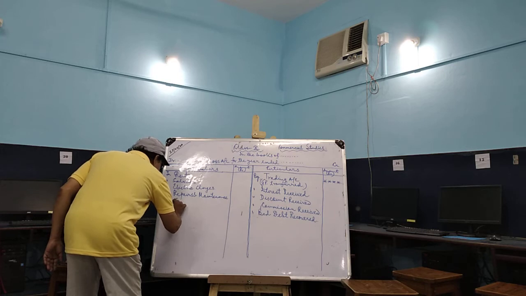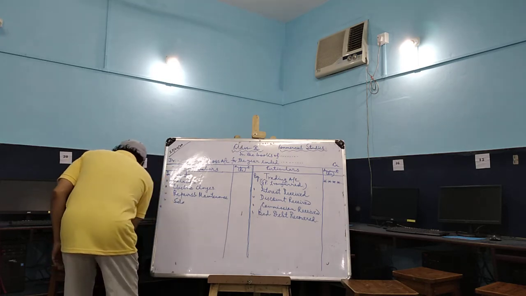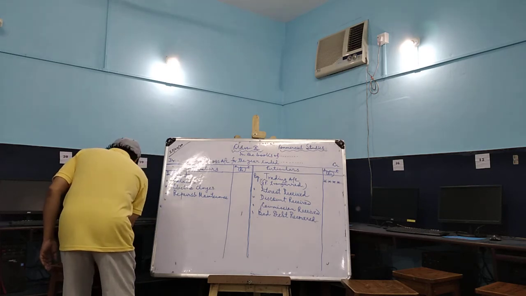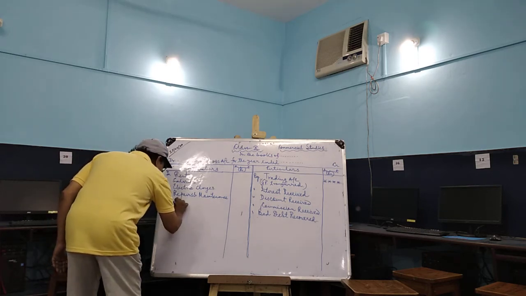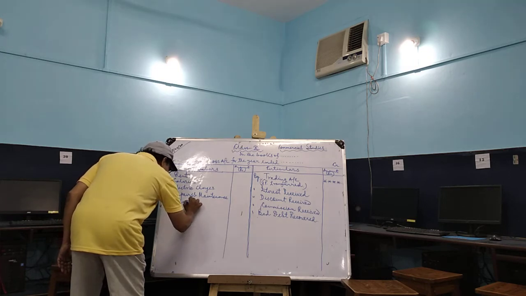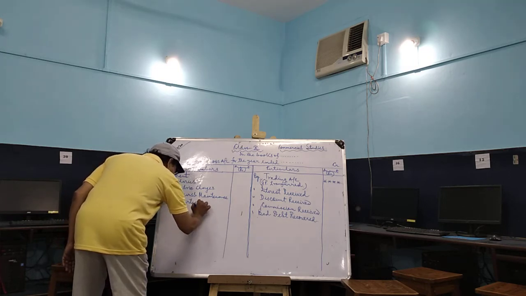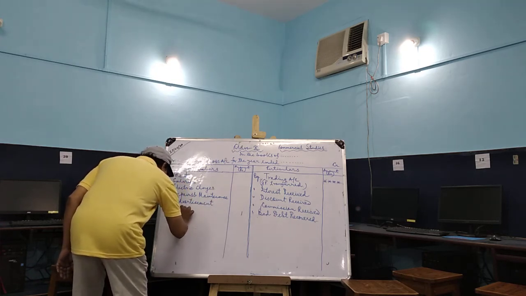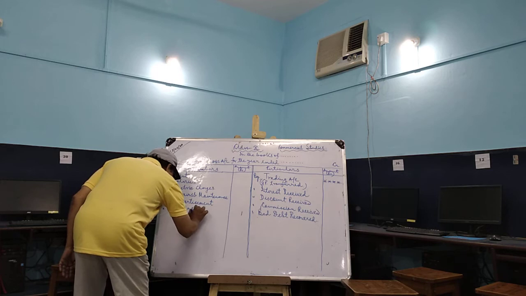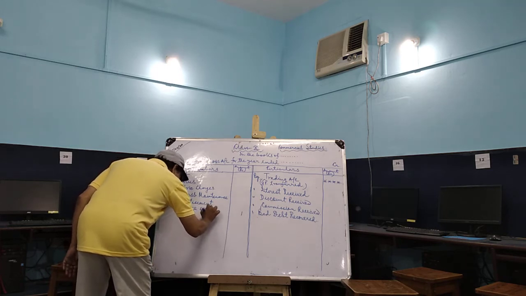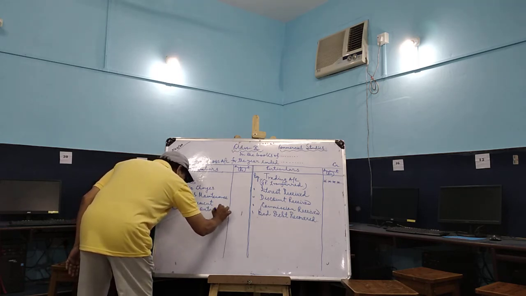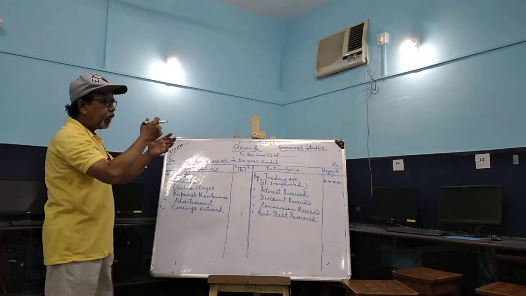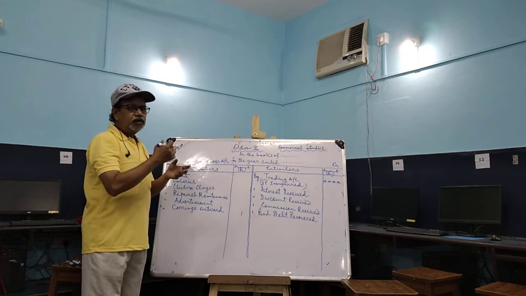Then comes salaries. Then comes advertisement, selling expense. Carriage outward. Carriage inward, which is a purchasing expenditure by buying goods from the manufacturer or wholesaler.